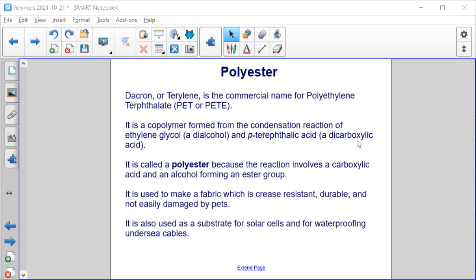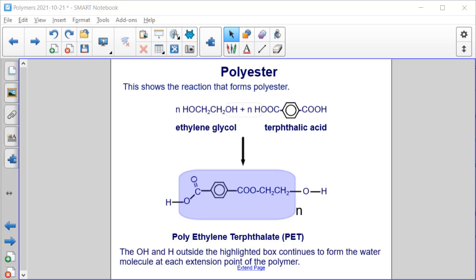So we have many esters formed, so polyester. It is used to make a fabric which is crease resistant, durable, and not easily damaged by pets. It is also used as a substrate for solar cells and for waterproofing undersea cables. This shows the reaction that forms polyester.